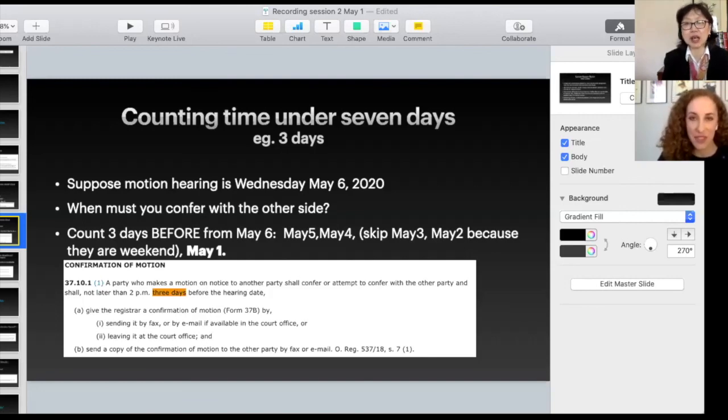Right. Because if I didn't know better, I would say, oh, it says 3 days and my hearing is May 6th, so can I just do a subtraction? Can I just go 6 minus 3? But if I go 6 minus 3, that's going to bring us to May 3rd, and that's actually wrong. The right answer is May 1st.